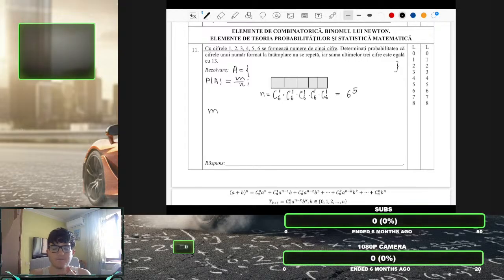M is the number of favorable cases, and we have 5 boxes. And we need our numbers to not repeat, so we've got essentially 5. I don't think it's 5 factorial.